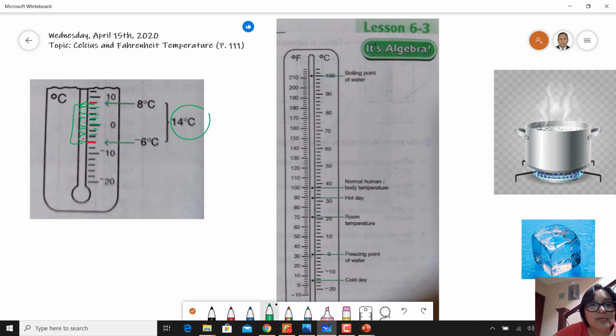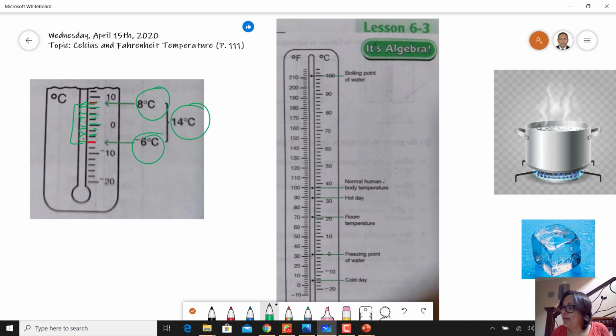So that is the answer. We have to count how many degrees are between this and this. How do we do it? We have to draw a thermometer and count the lines or the degrees between them.